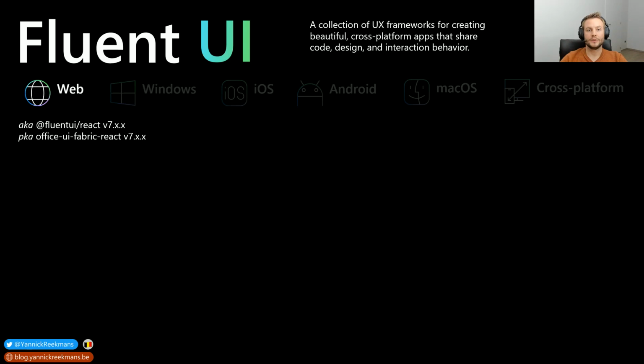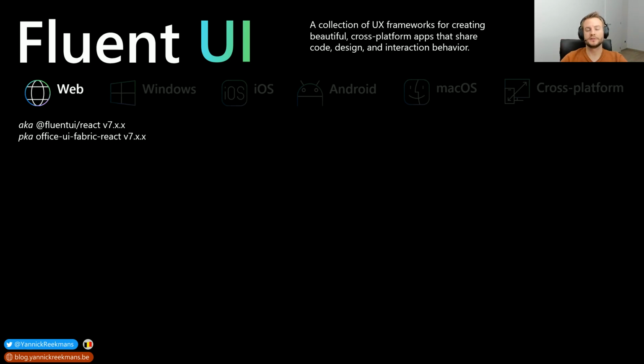For us, when developing an application for Microsoft Teams, only the web components are relevant. When you look at the web components, the package now is called @fluentui/react and currently has version v7.x.x, somewhere a version number with v7.